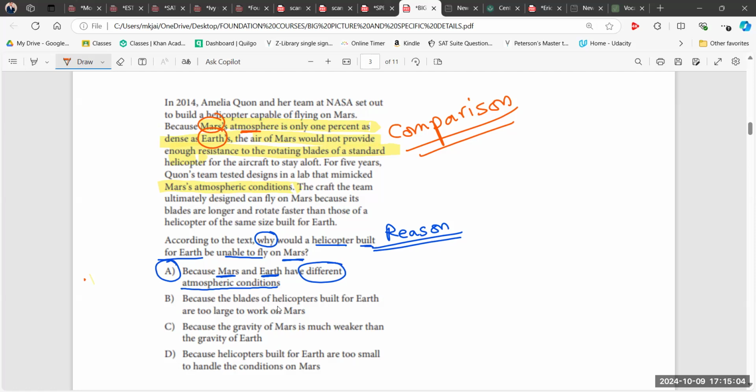Because the blades of helicopters built for Earth are too large to work on Mars. What's mentioned about the blades? Too large. Large has to do with what, Iyad? The size or the length?